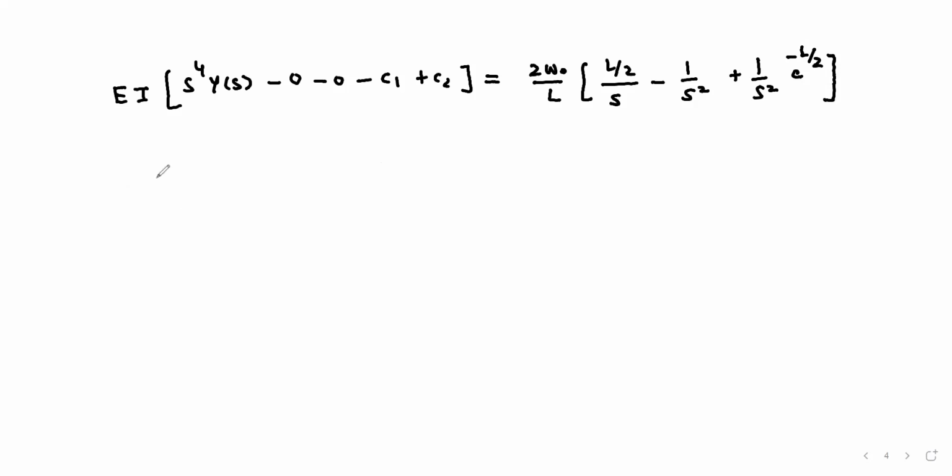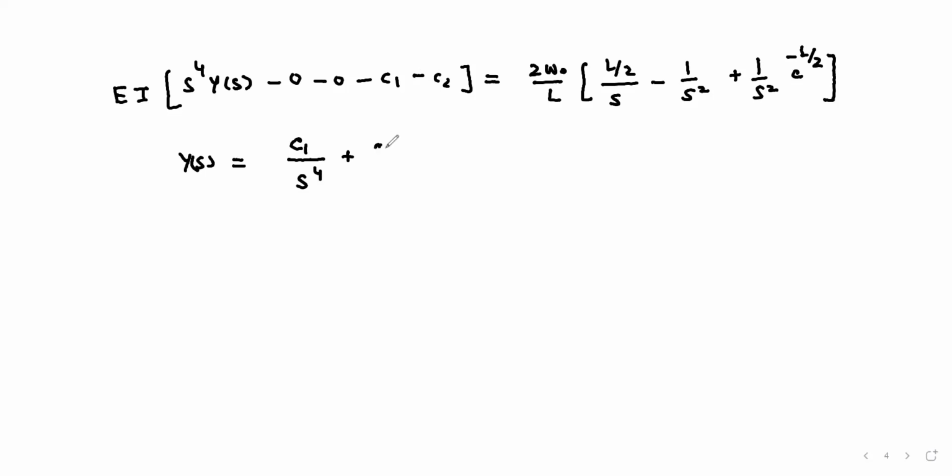Now see that if we divide this with the other side, we get capital Y of s is equal to c1 divided by s raised to power 3, this EI will divide with this, not c1 and c2, s raised to power 4, plus, here we have minus, not plus. If you see the previous equation, we have minus here.